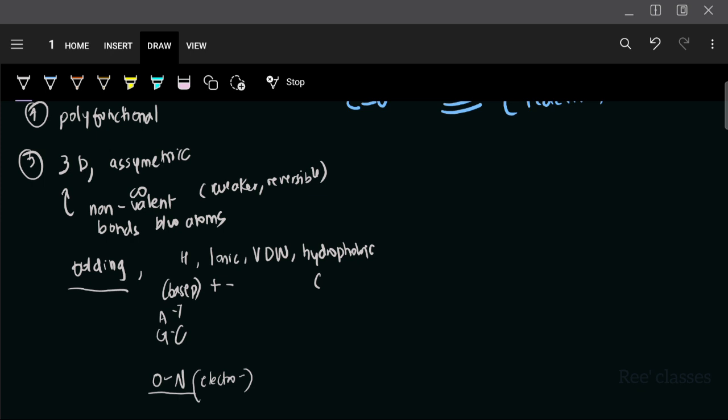Because there is a change in the shape, right? And how do you do that? How do you break them? Obviously external, you'll give them entropy, right? Heat. You can even change the pH. That's why pH is always so important. It holds the shape together and thus the function. Okay, that's important to remember.